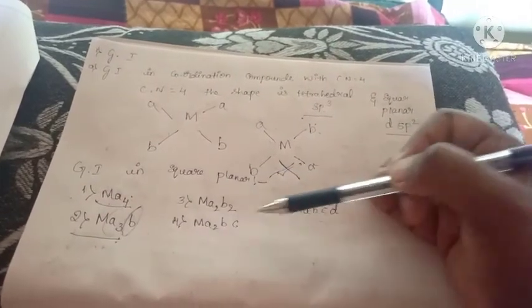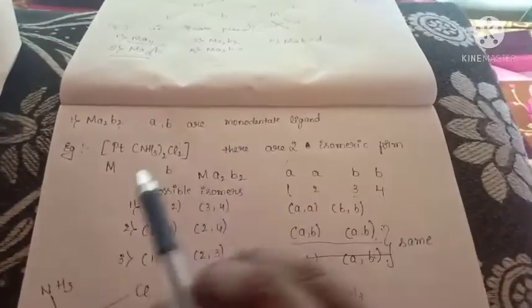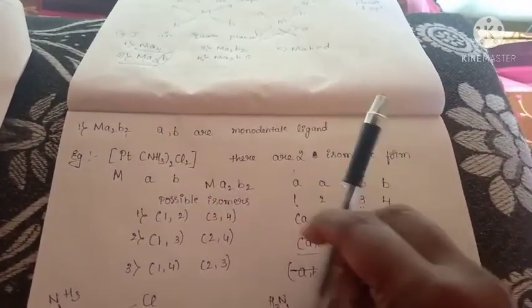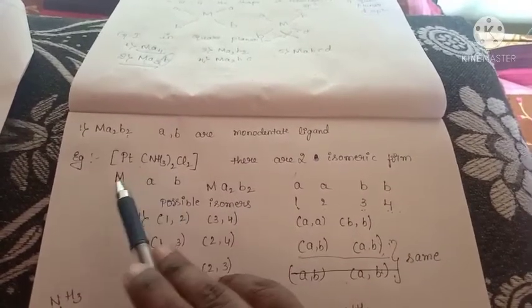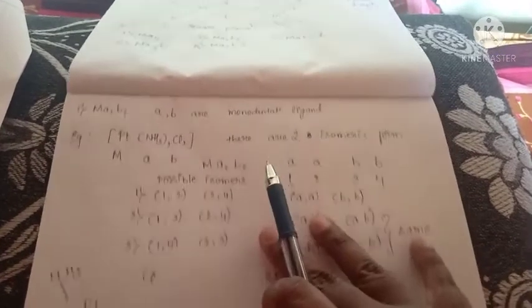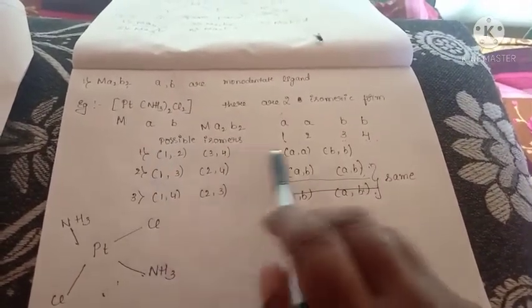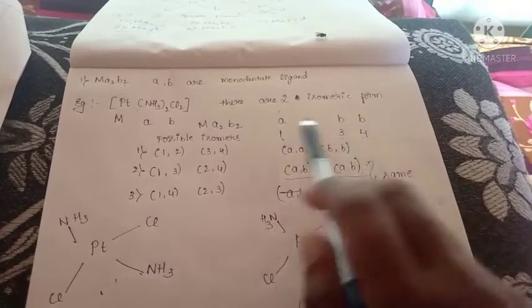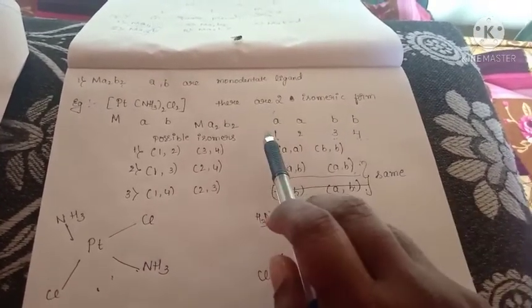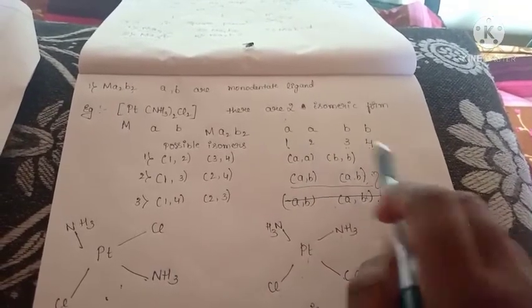Then we will consider only these 3. In that we learnt about A2B2. Here A, B are monodentate ligands. This will be the example, Ma2B2. There are 2 isomeric forms possible. We will consider it as AA, BB, because there are 2 A and 2 B atoms. 1, 2, 3, 4.